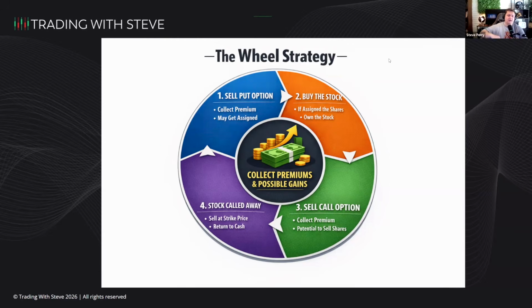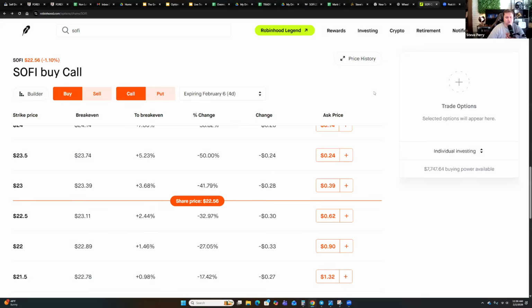If the stock goes back up above the call option strike price, you're going to have to surrender those shares. But the beauty of that is that you get to collect the appreciation of those shares all the way up to the strike price plus the premium collected. So let's do some examples of this on a real life example. Let's actually head over here to the option chain on SoFi.